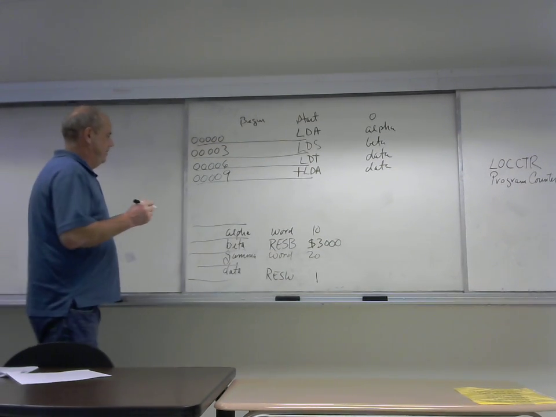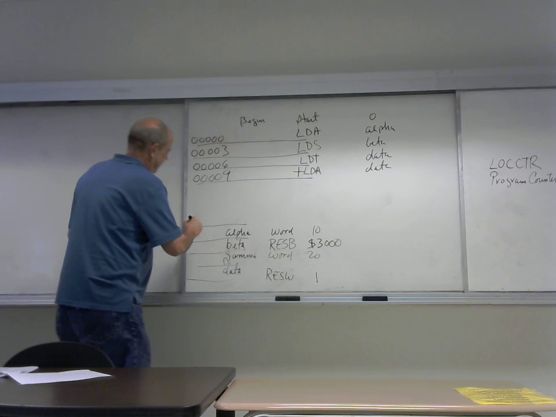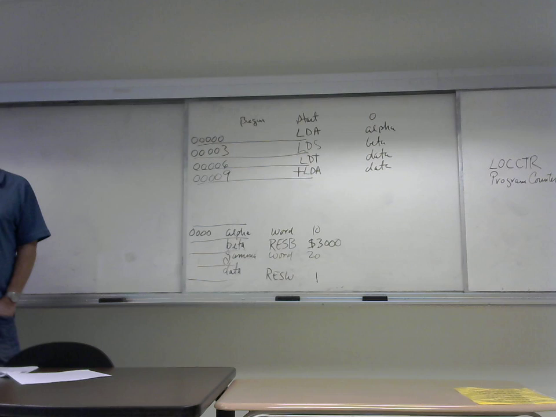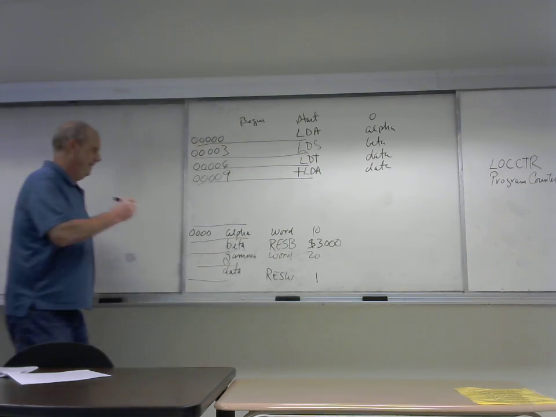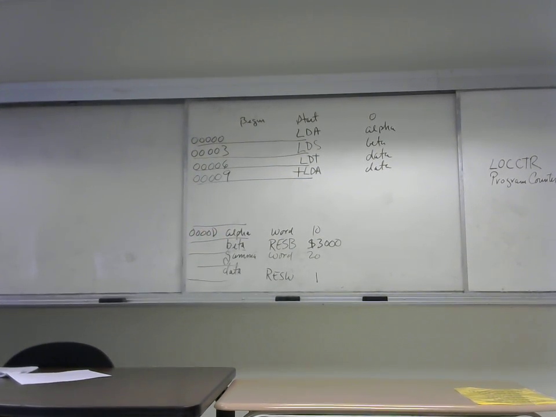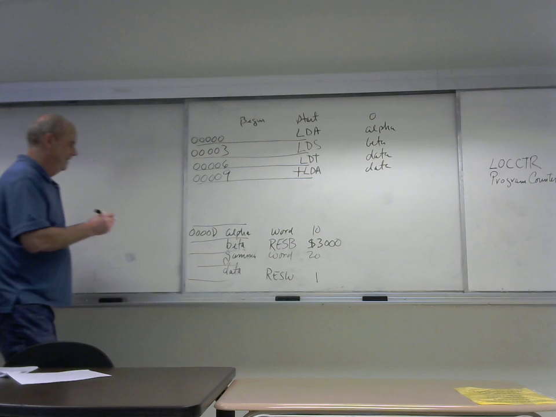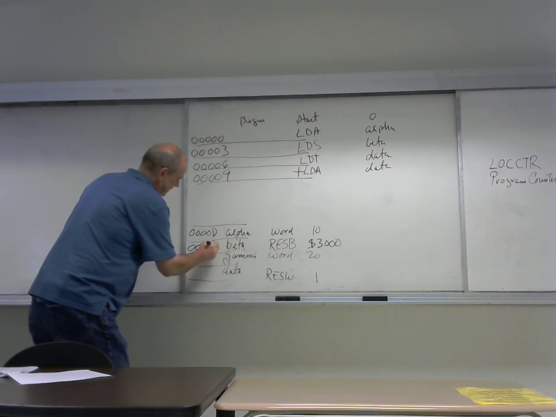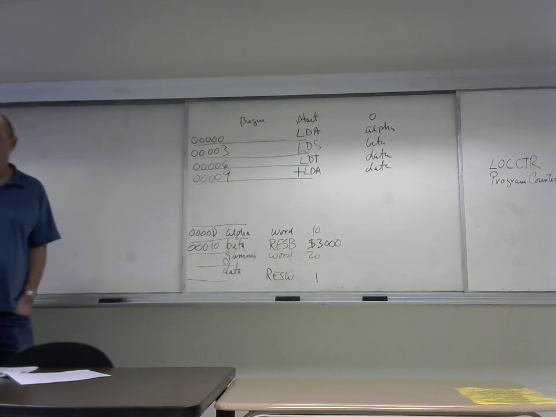Okay, so now what's the address of alpha? 9 and 4. D. D. I like it. All right, beta. 1 0. Yes.